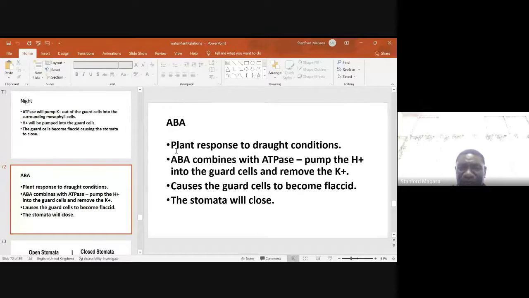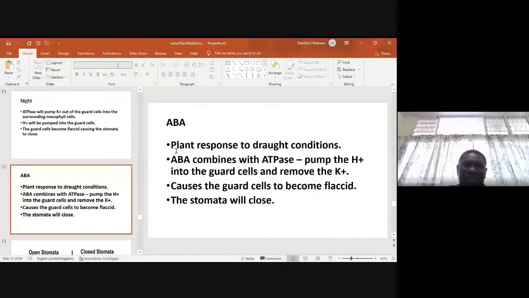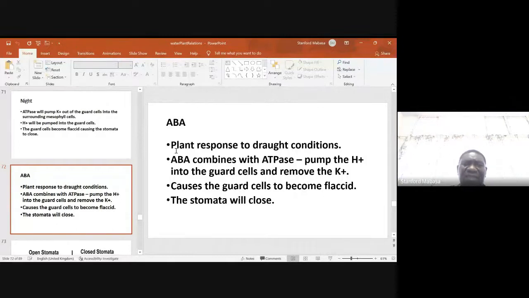After the closure of the stomata, the water will not escape the plant. In other words, we are now breaking the transpiration process. We are more or less stopping it, because if that transpiration process is allowed, it will kill the plants, because the plants will lose a lot of water.